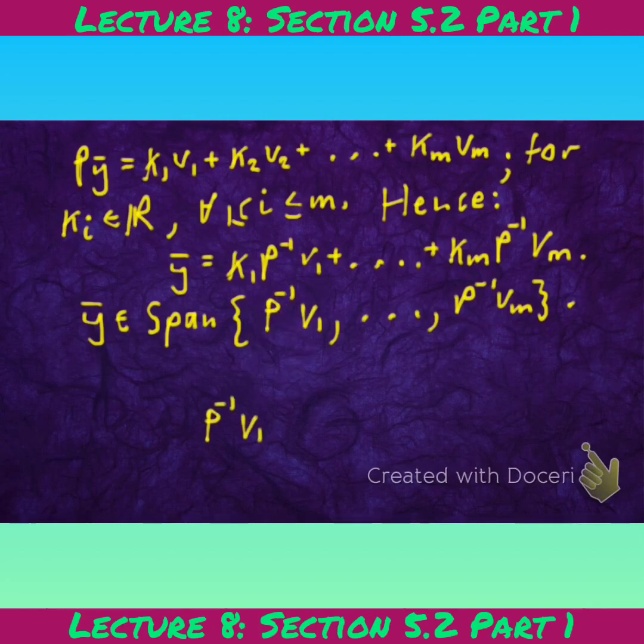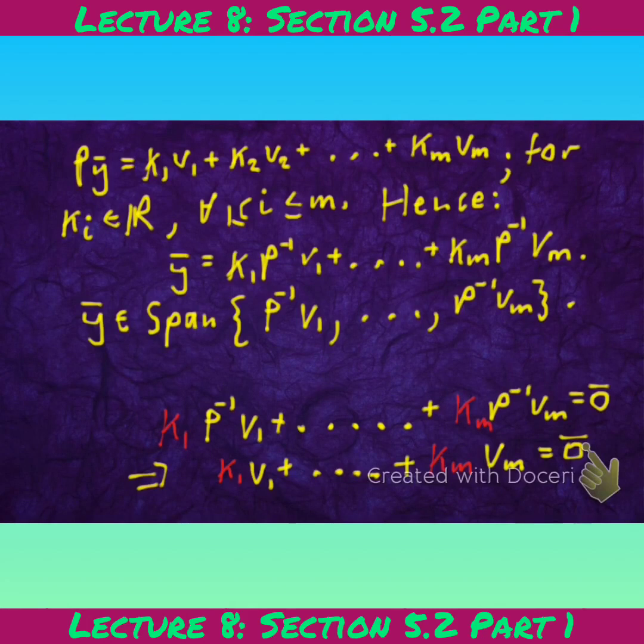Just for argument's sake, take those vectors there. Let's set up our linear independence equation, and from that, multiplying through by the matrix P, we cancel that out pretty much, and we are left with this whole equation.